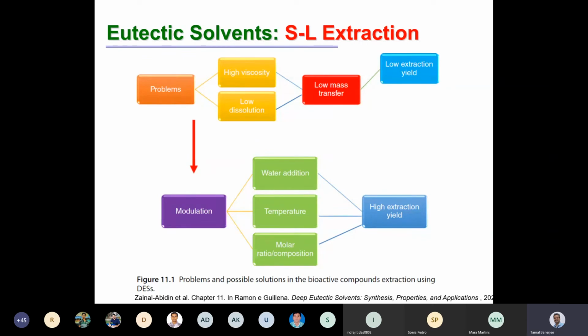In practice it is like that, but you have some problems, sometimes with viscosity too. But the interaction by hydrogen bonding with metabolites really increases the extraction of metabolites. So maybe not because of the viscosity, more because of the interaction of hydrogen bonding.